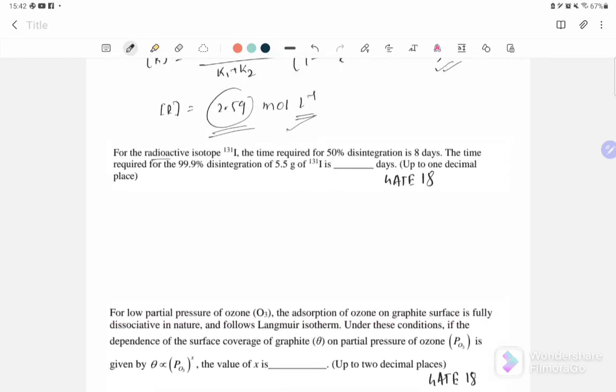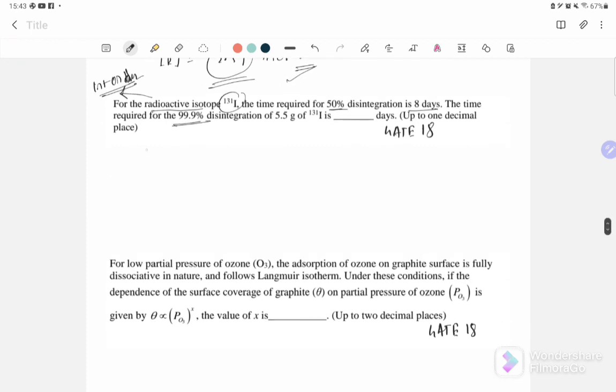That is the radioactive isotope. When any radioactivity is there, the reaction will be first order, any radioactive decay. For this substance, the time required for 50% disintegration is 8 days. What is the time required for 99.9%? So this is very easy.